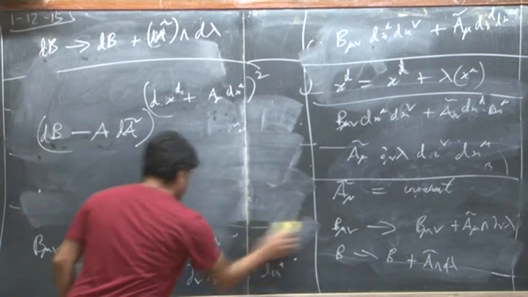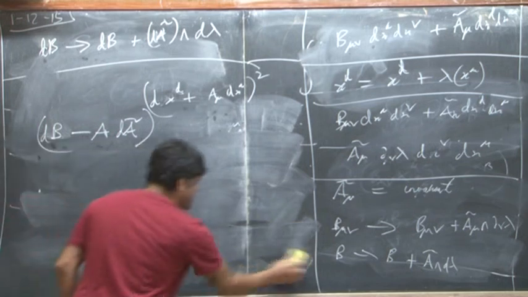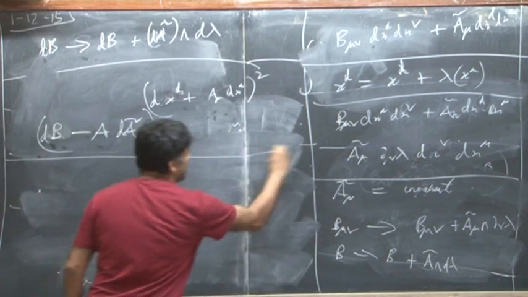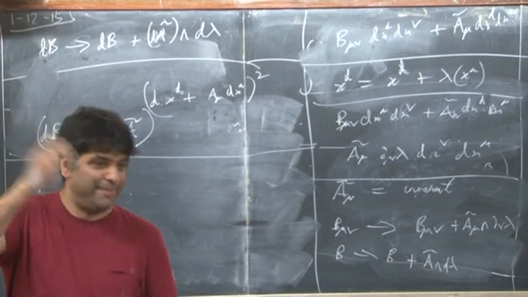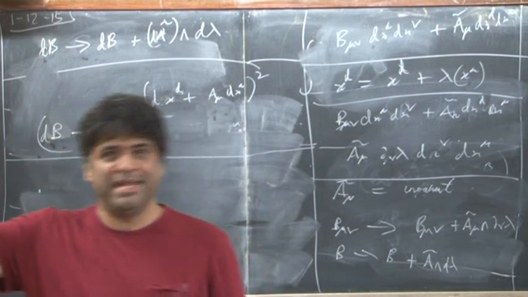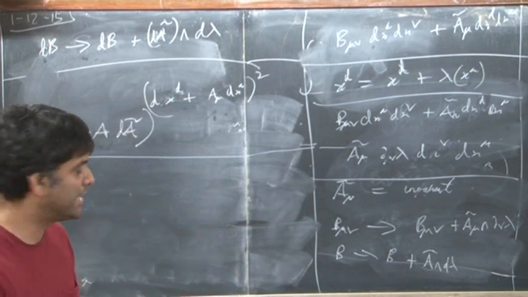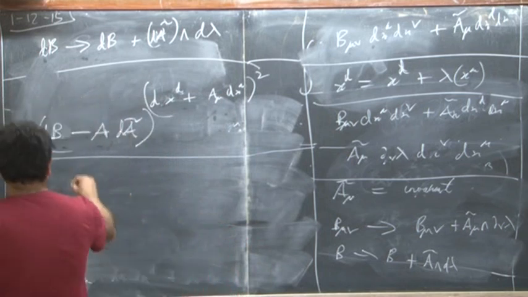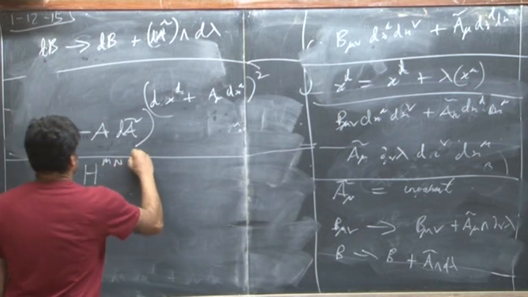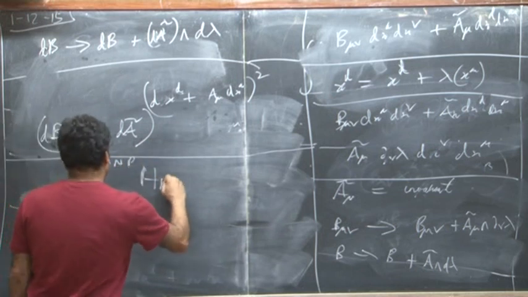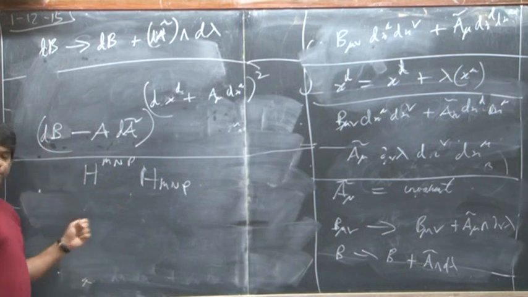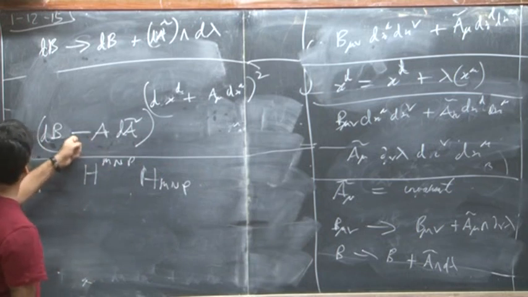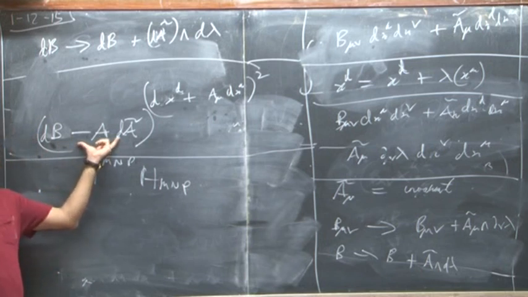Okay, so what we might guess is that if we do the Kaluza-Klein reduction of H mnp, instead of predicting that we would get H mu nu rho, we should expect to get this combination.